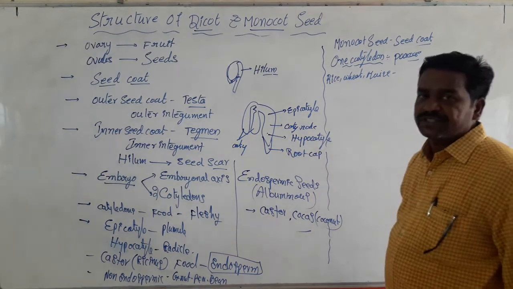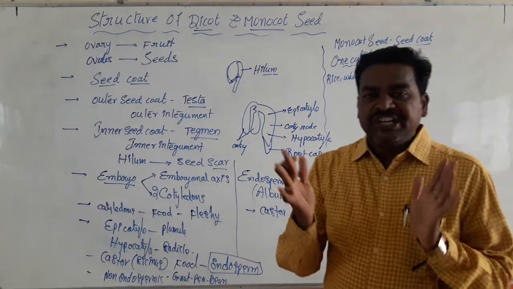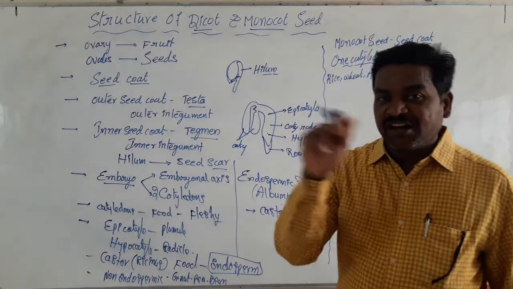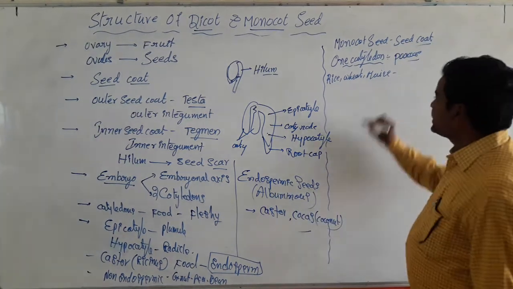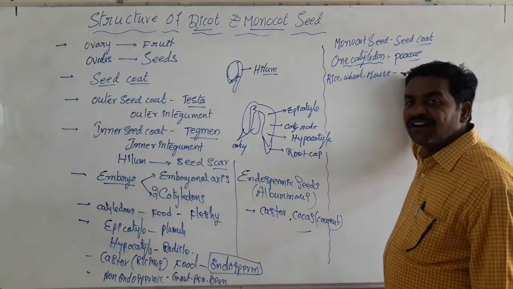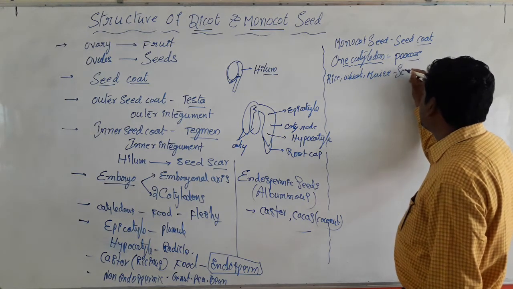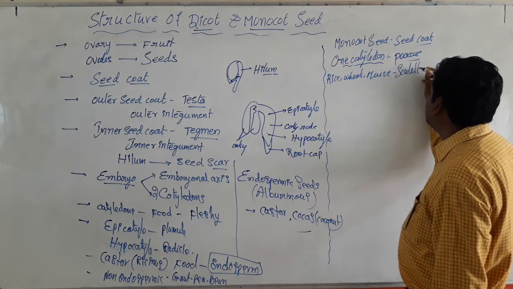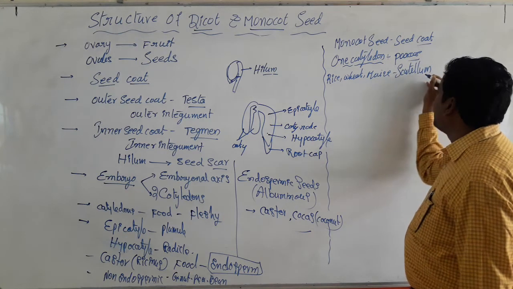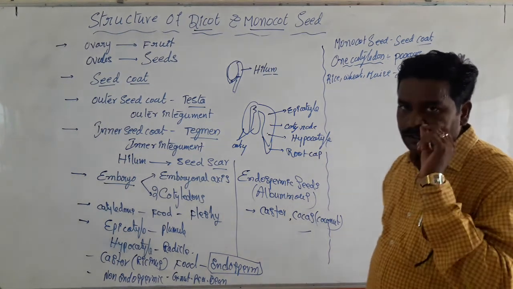In these members, a shield shaped single cotyledon is there. Such a shield shaped single cotyledon present in Poaceae members is called scutellum. Already you know this point from the previous class.